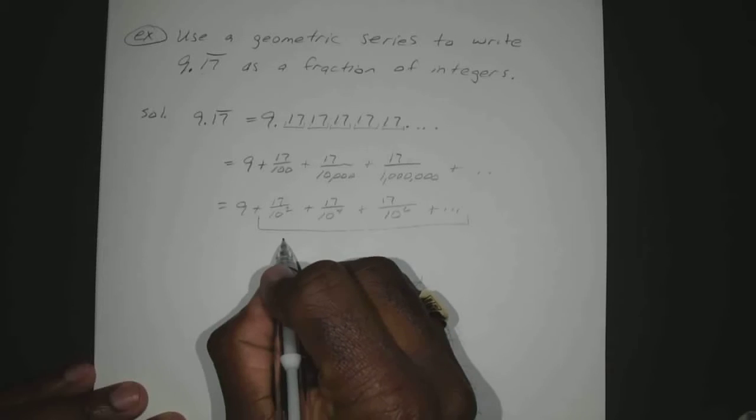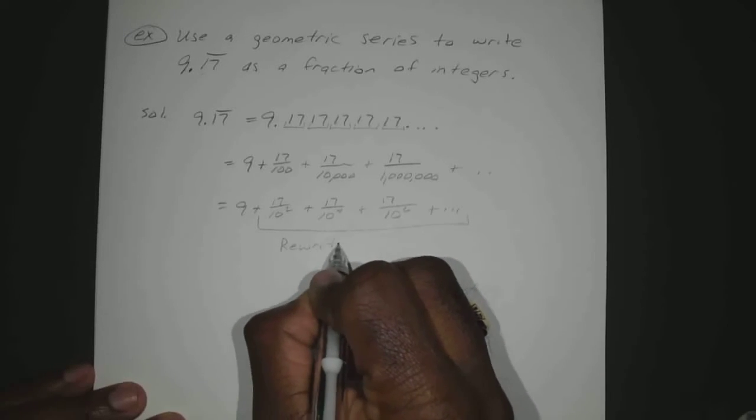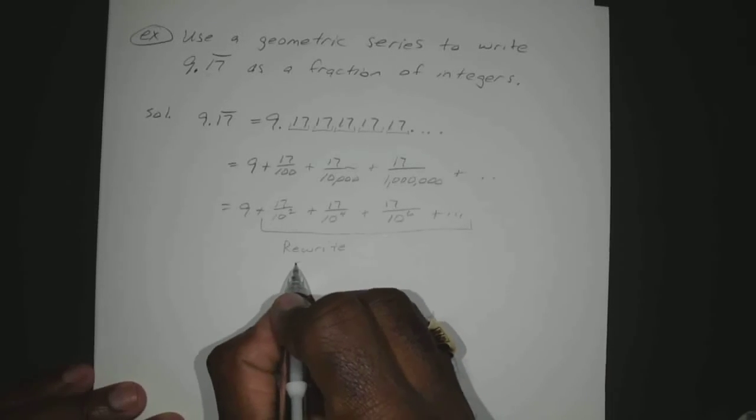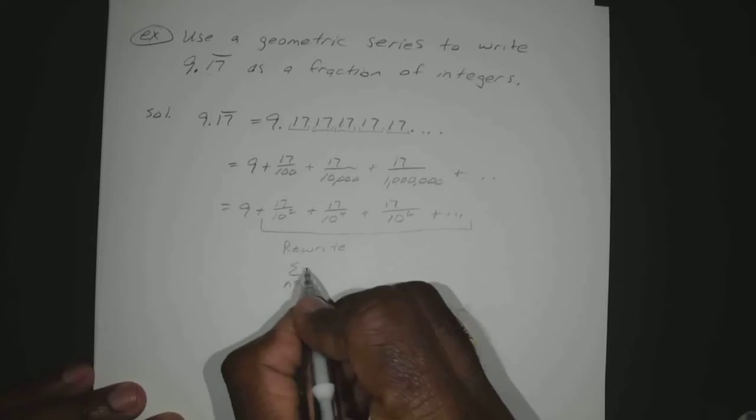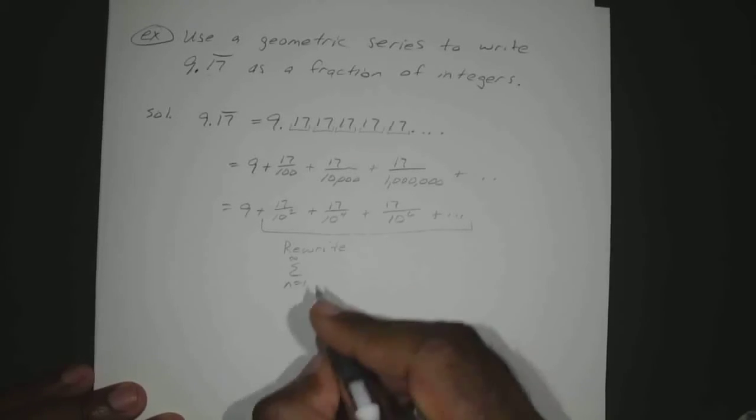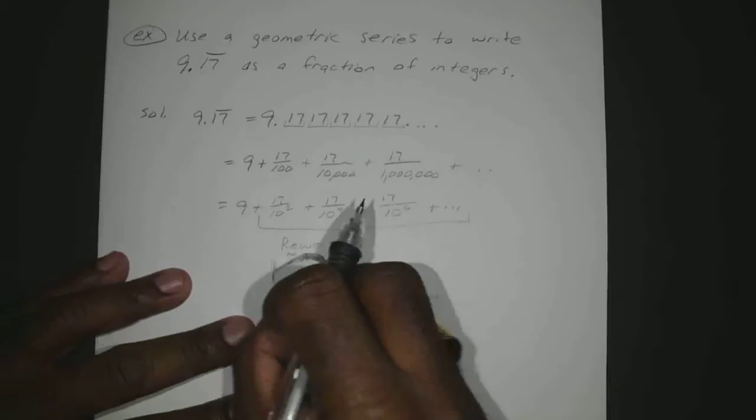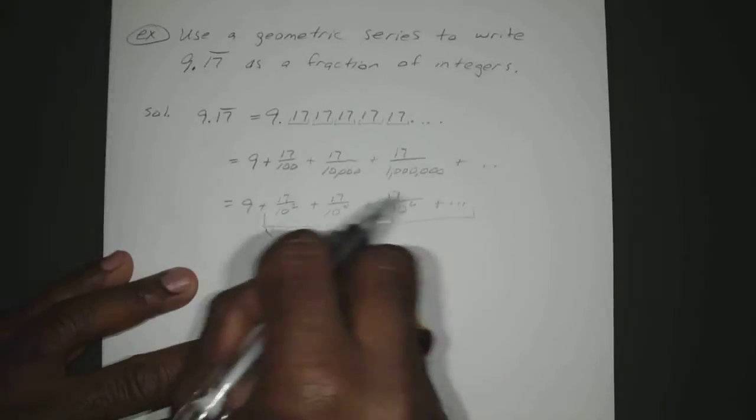Okay, so we can actually rewrite this as a sum from n equals 1 to infinity. Oh, actually, let me point out why this would work before we do that.